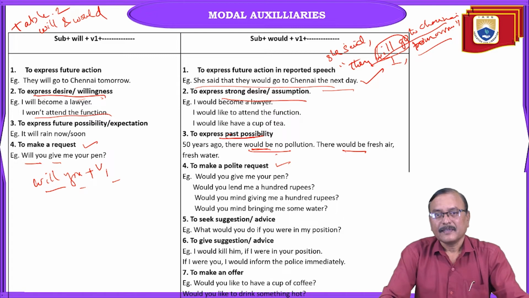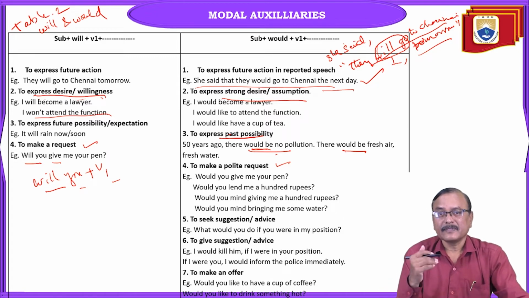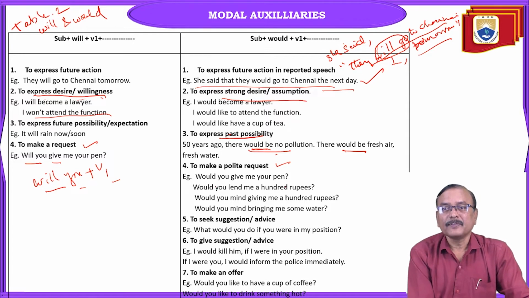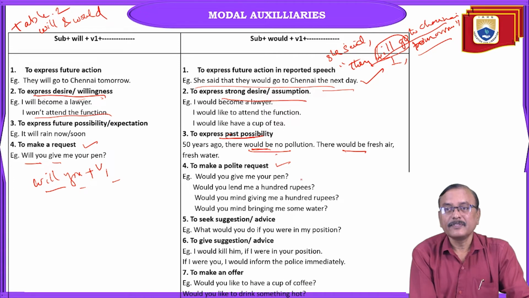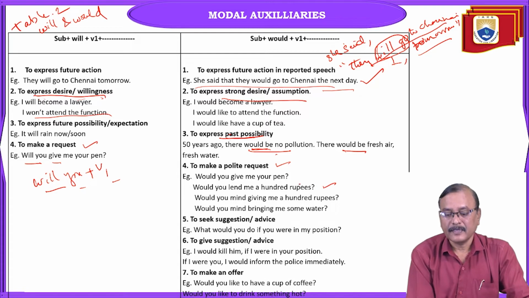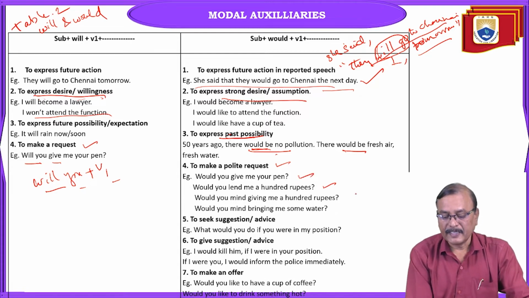To make the request more polite, you can use "would you." Would you give me your pen? Would you lend me 100 rupees? Would you mind giving me 100 rupees?